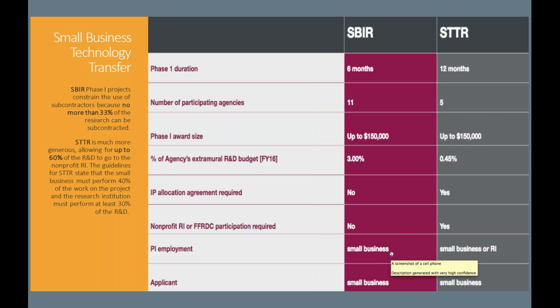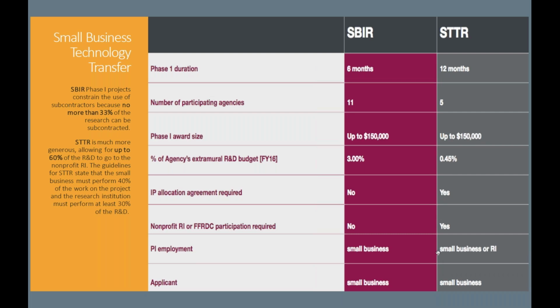The applicant might be the small business, but in the case of an STTR, because they're overseeing a critical piece of the project, you might want your principal investigator to be at the university or some sort of research institution, even though it's the small business who is the recipient of the grant.